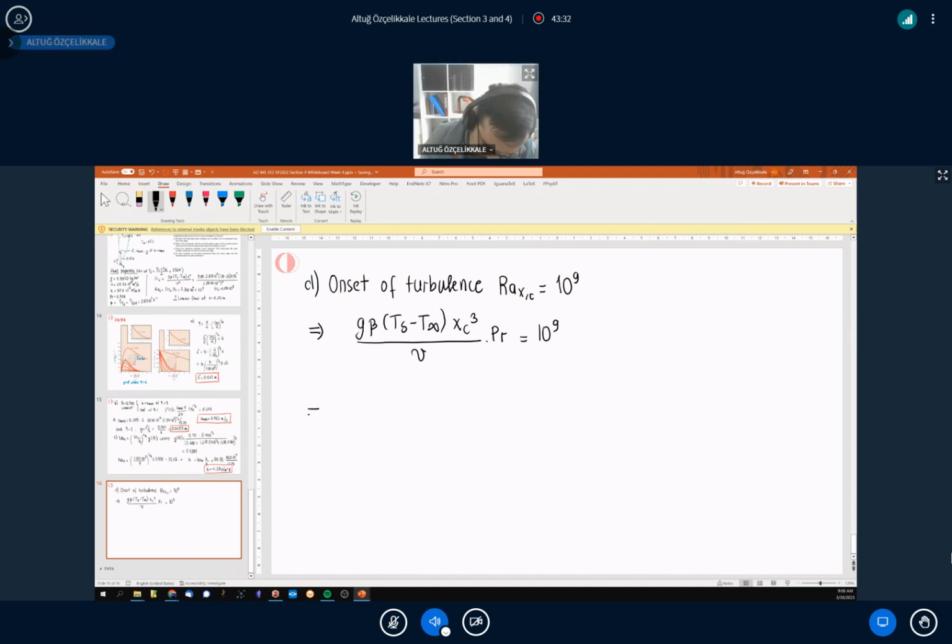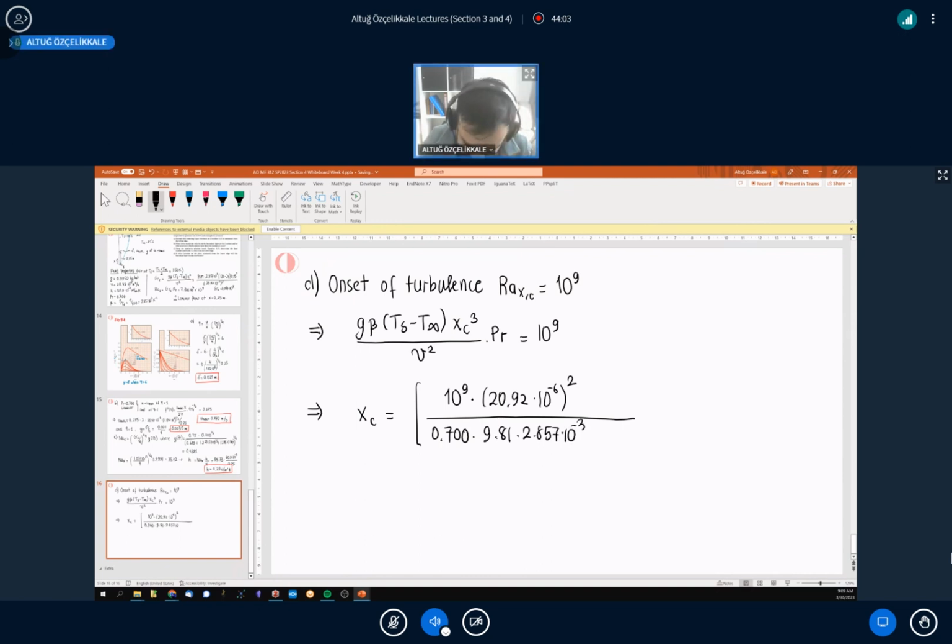And therefore, I substitute the numbers: 10 to the power 9 times, oh, there is a square here, don't forget that, times 10 to the power minus 6 squared, divided by 10 to the power minus 3.